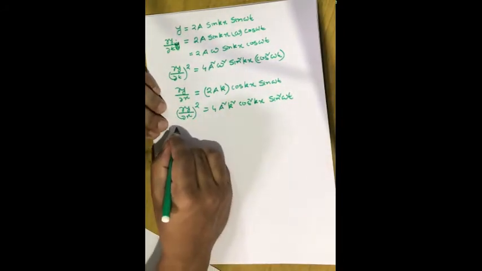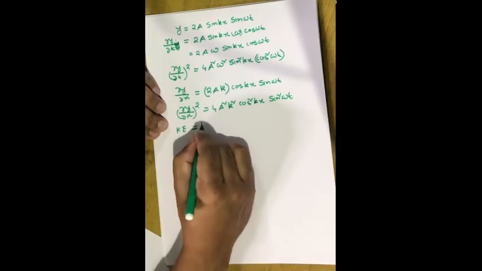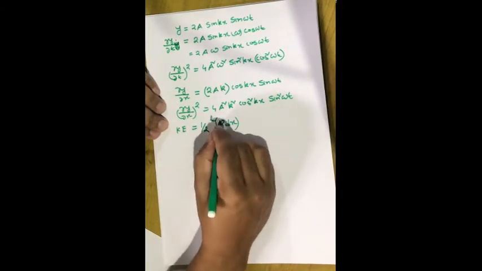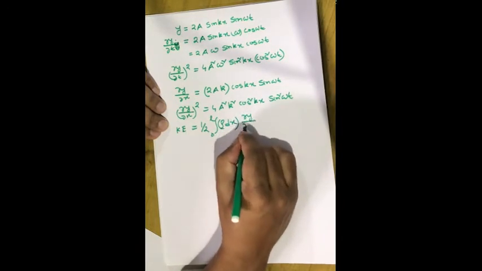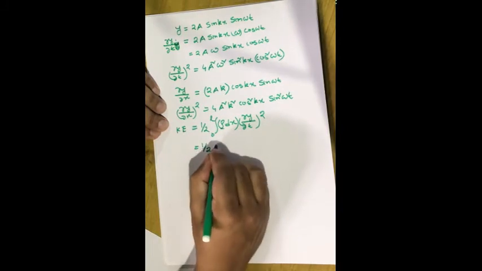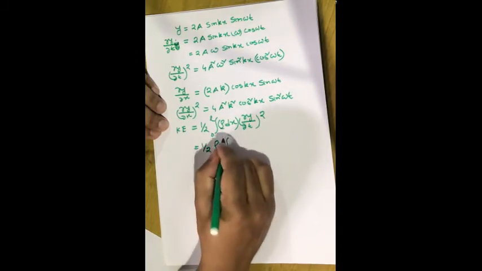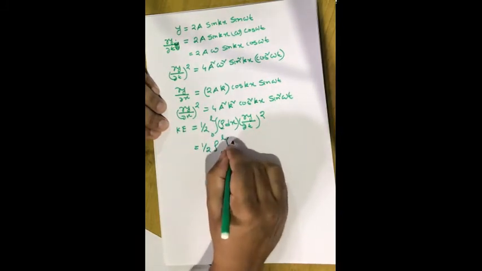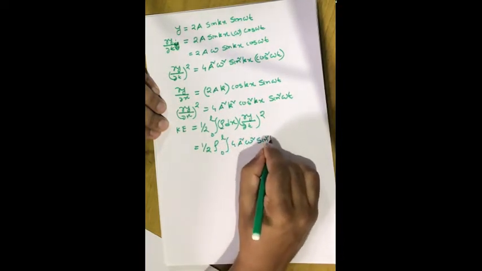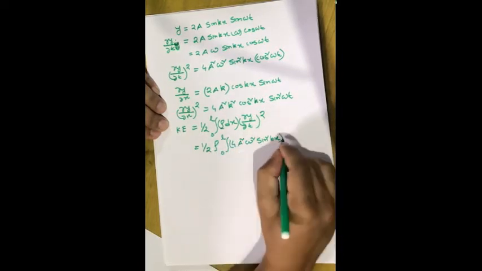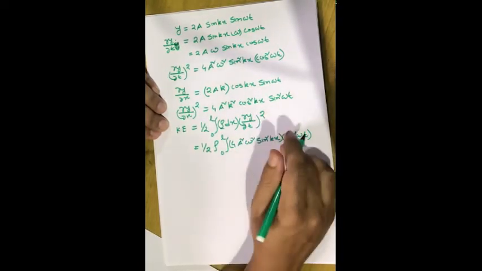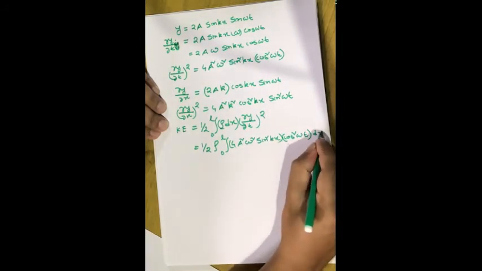Now the kinetic energy is half into integral 0 to L rho dx del y by del t whole square. Put this value in; half rho we can take out because this is a constant. Integral 0 to L of 4a square omega square sin square kx cos square omega t dx.